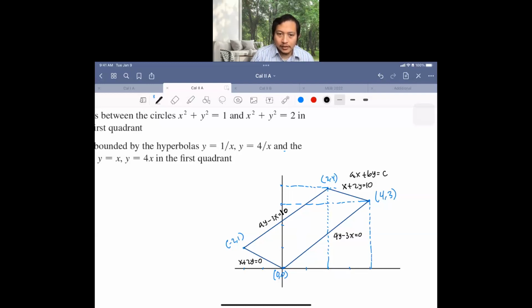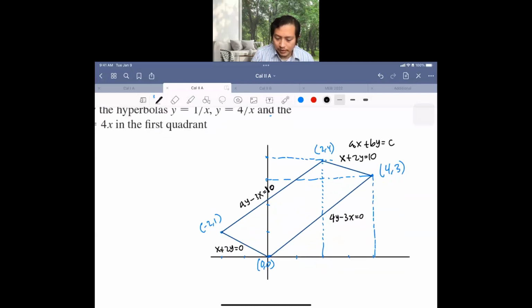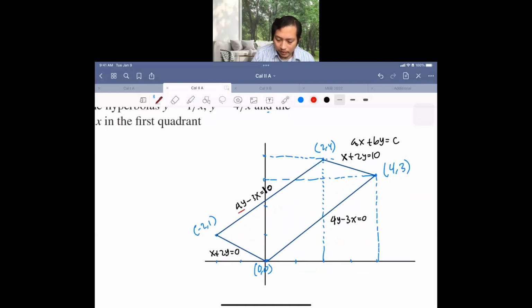If we try to be observant and look at what we have here, I think it's best if we take this 4y minus 3x as one variable and take this x plus 2y as one variable, because they have a clear boundary from 0 to 10, and both of them are from 0 to 10.